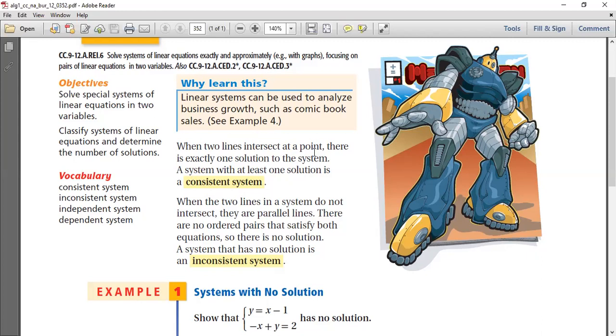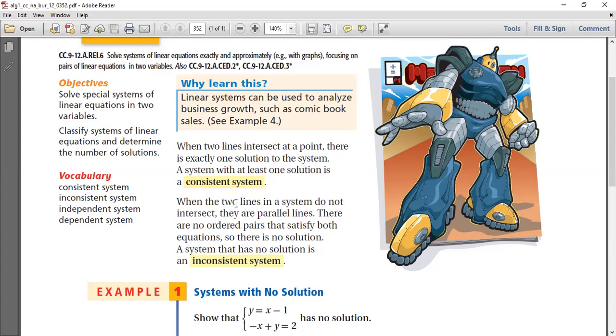When 2 lines join at a point, there is exactly one solution to the system, right? Just think you are drawing the graph of 2 lines. You have 2 different equations and they meet in one place. That place we take as the only solution. Now, a system with at least one solution is a consistent system. So a consistent system means there is at least one solution.